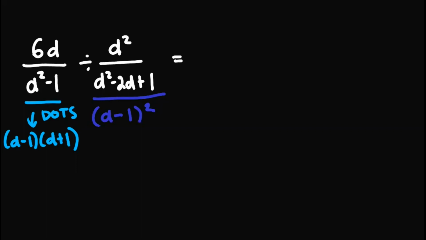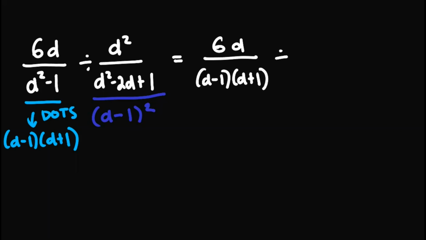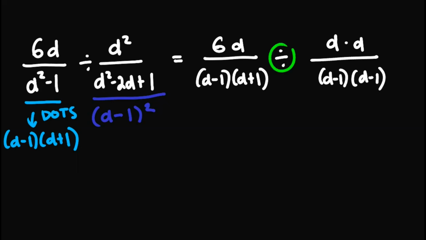we can write this one as 6d all over d minus 1 times d plus 1, divided by d squared, which can be written as d times d all over d minus 1 times d minus 1. Since we have a division out here, what we do is we convert it to multiplication and we get the reciprocal of this.